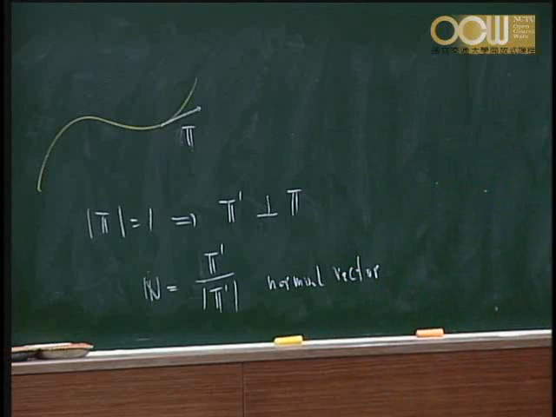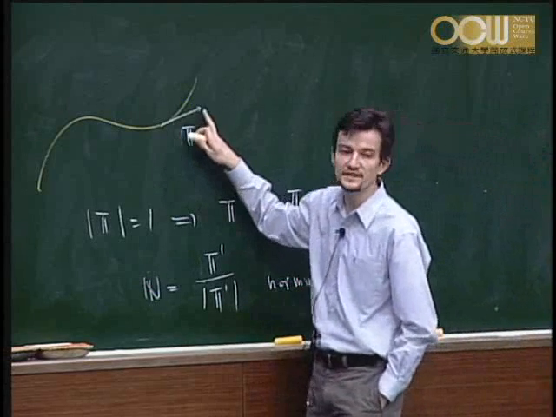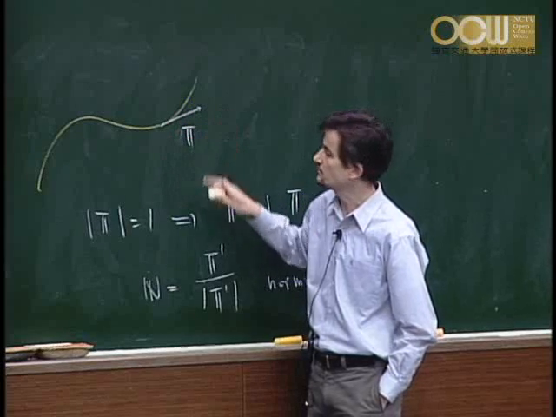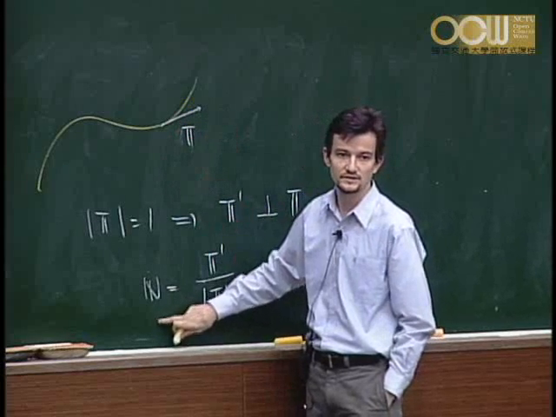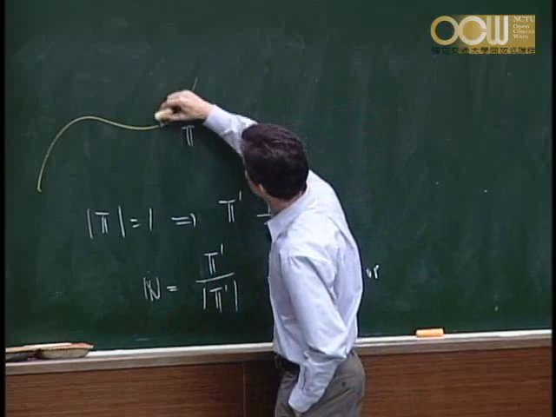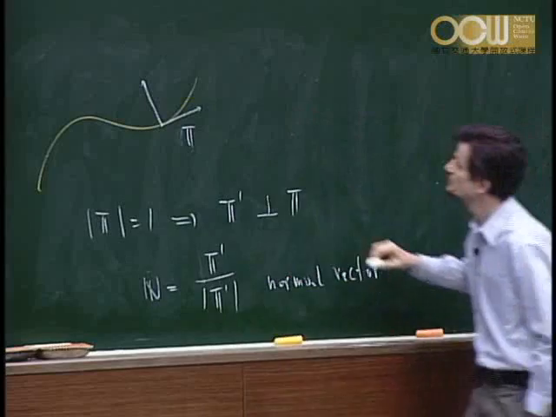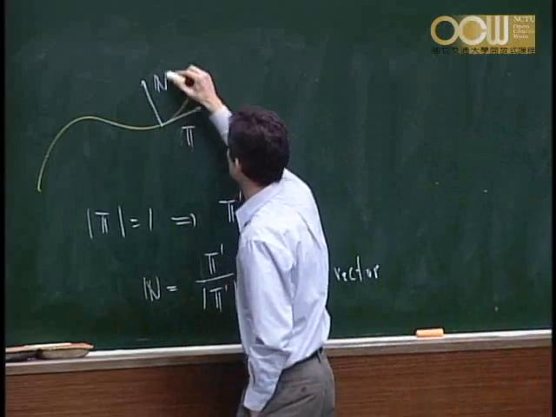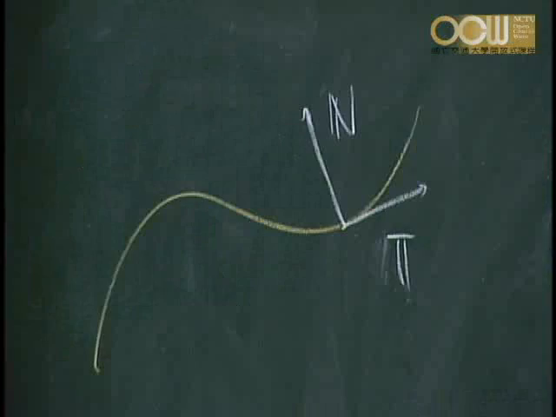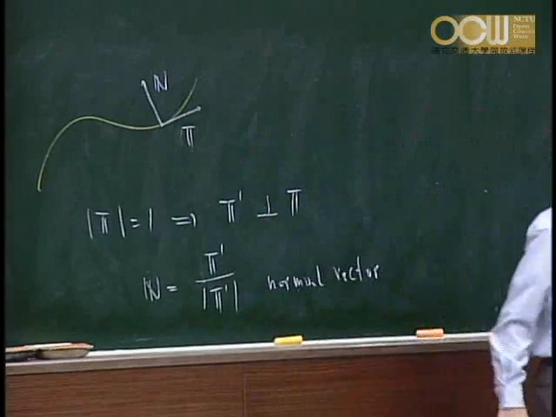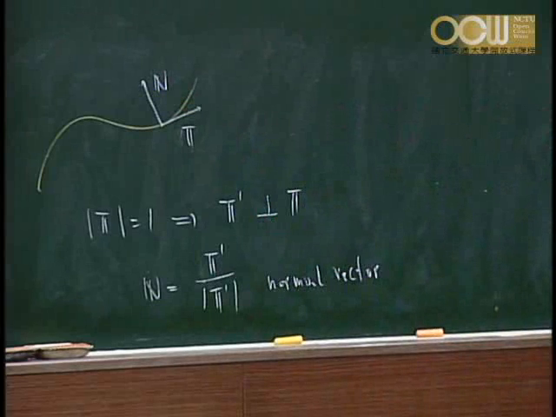So this is one vector which is perpendicular to this vector here, and we will see that this vector is very special. In this case, this vector would be like this here, and so this is our n. And once you have two vectors, you can consider the vector which is normal to both of them, which is given by the cross product, and this vector is called the binormal vector.